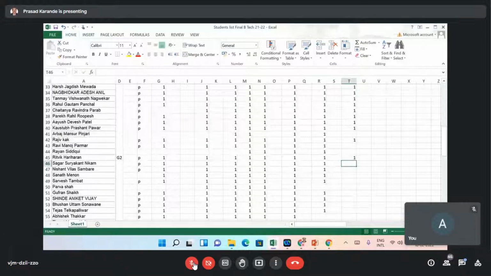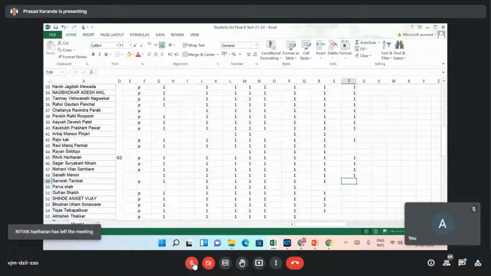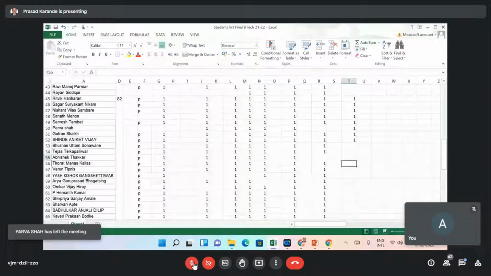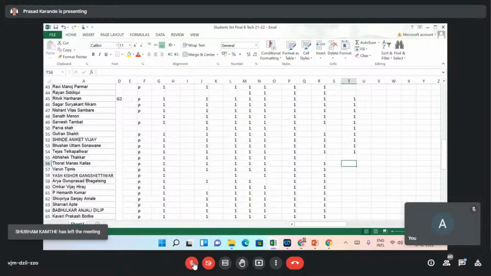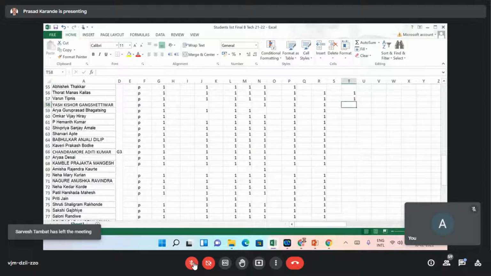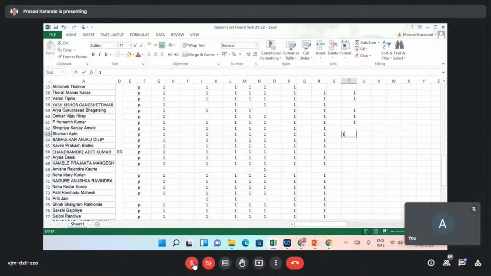Yes, sir. Sarvesh. Yes, sir. Gufran. Yes, sir. Aniket. Yes, sir. Bhushan. Yes, sir. Tejas. Yes, sir. Omkar. Yes, sir. Kaveri. Present, sir.